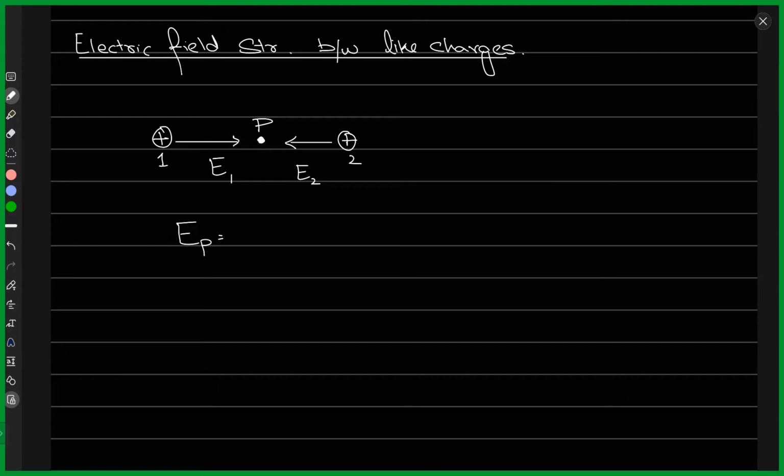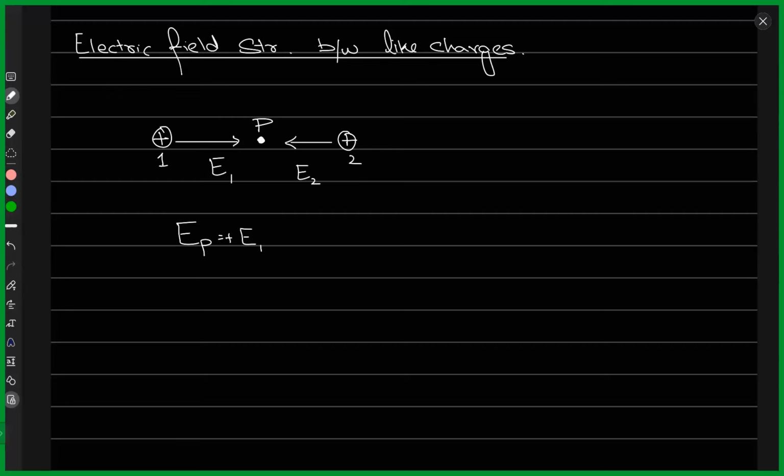Electric field is a vector quantity, and we know that vectors add to each other. They behave as a superposition of each other. Now, what that means is that this should be E1, plus the other electric field, to get an overall electric field at point P. But remember your directions, right?